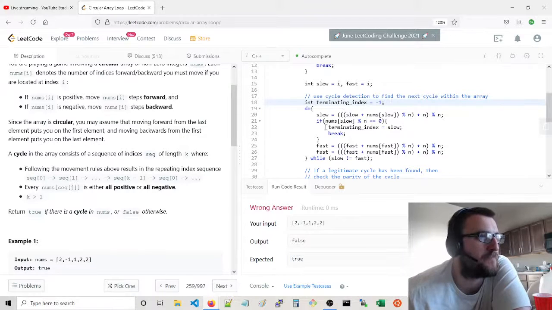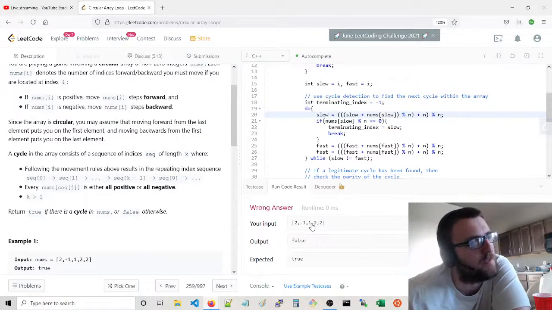So the slow goes to this index, fast goes to this second, this one, and then this one. Apply 1, apply 2, and then slow goes here, fast goes here, here.